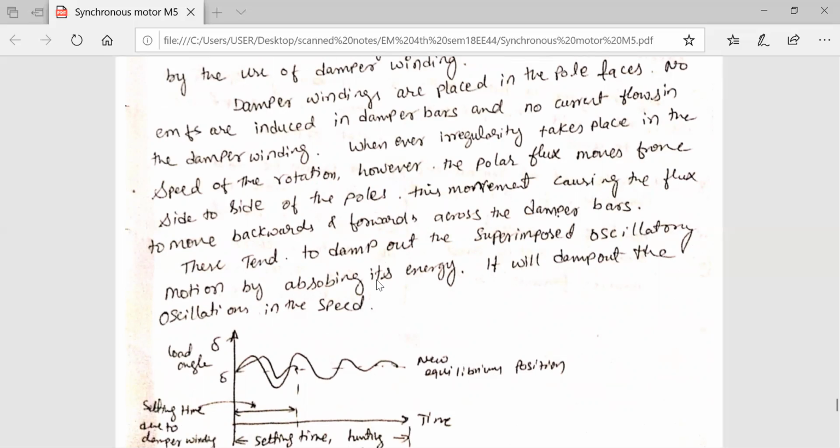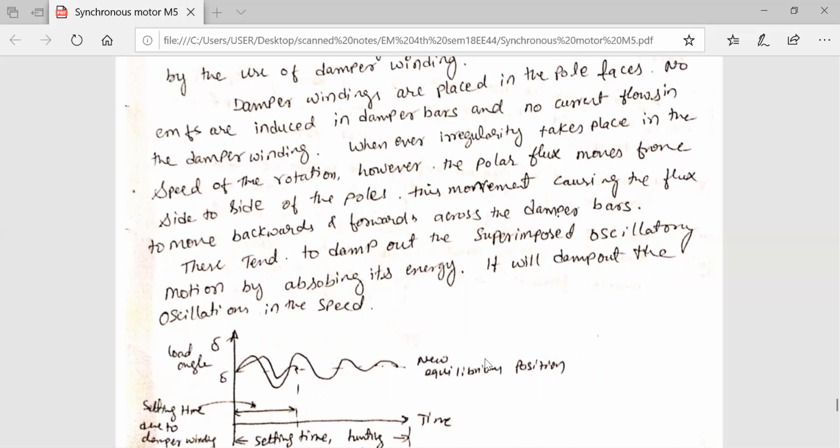Damping means, suppose there are continuous variations in the signal, which you can call bouncing. After that, it has to come to the steady state, becoming a straight line. Suppose you take a ball and strike it against a wall or the ground.